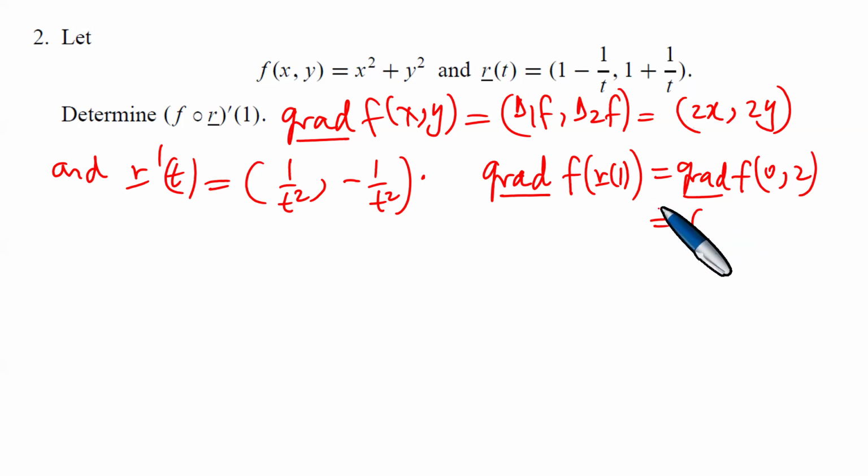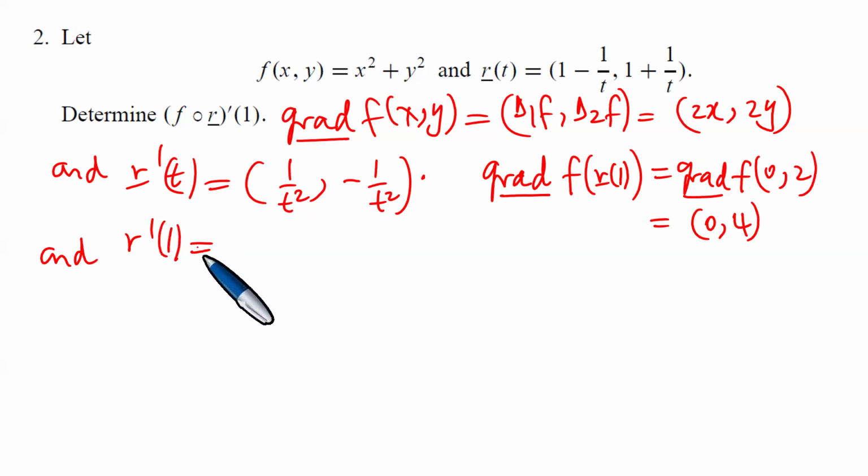What is then the gradient of f here? The gradient of f is 2x, 2y, which is 2 times 0, 2 times 2, giving 0 and 4. And r primed of 1, which is the same as what? We have r primed here, and therefore at 1, we will have 1 and minus 1, like this.